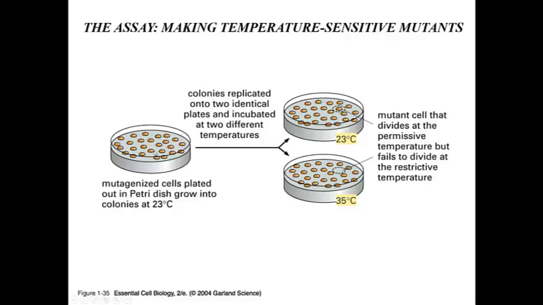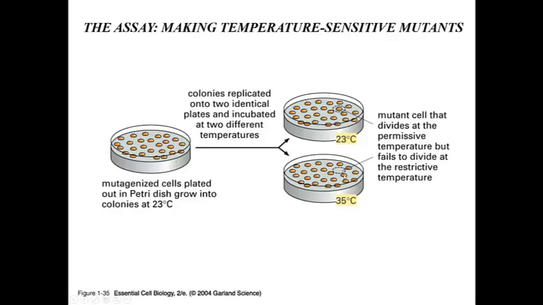So first, there's an assay where you can make temperature-sensitive mutants. That means that when the mutant is grown at the permissive temperature, the lower temperature, it grows fine. And so look at this one outlined by the dashes. When the same or replicate plate of yeast is grown at the higher temperature, that yeast clone does not grow.